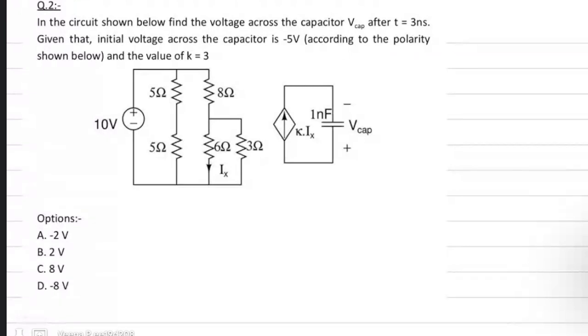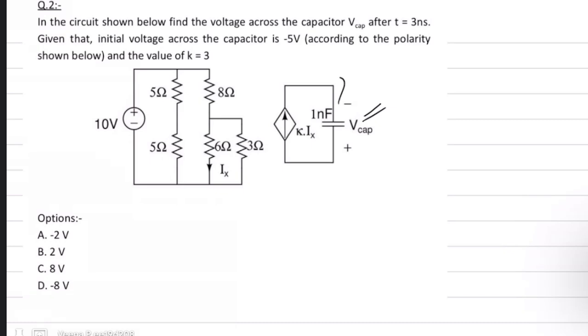So we are given a capacitor which is connected to a controlled source or dependent source whose value depends on Ix, where Ix is the current flowing through this 6 ohms. Now we are given that the initial voltage across the capacitor is minus 5 volts, which means in the given polarity it is 5 volts.